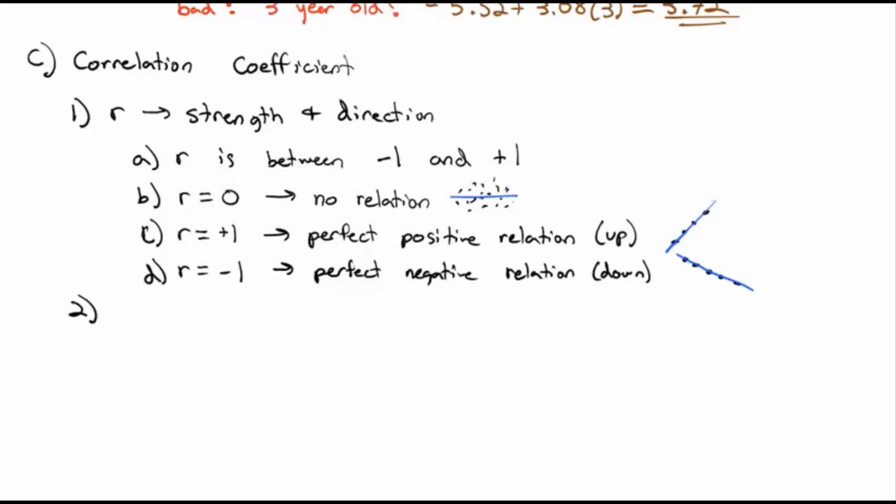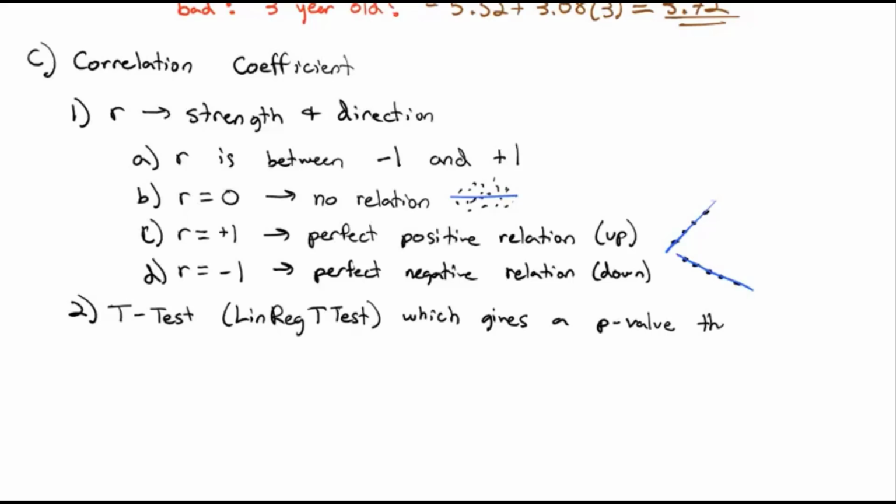And the way we determine if there's a relationship is we do a t-test. It's called the lin-reg t-test, linear regression t-test, which gives a p-value that tells if the relationship between the two variables is significant.